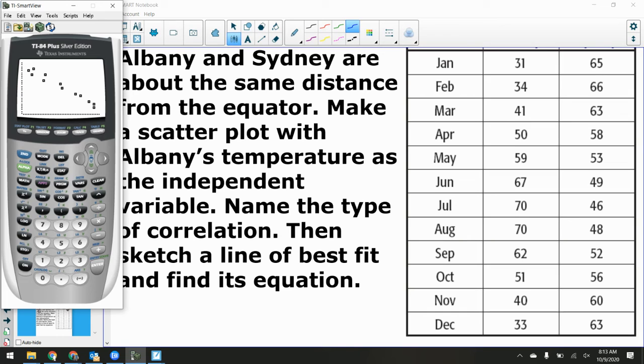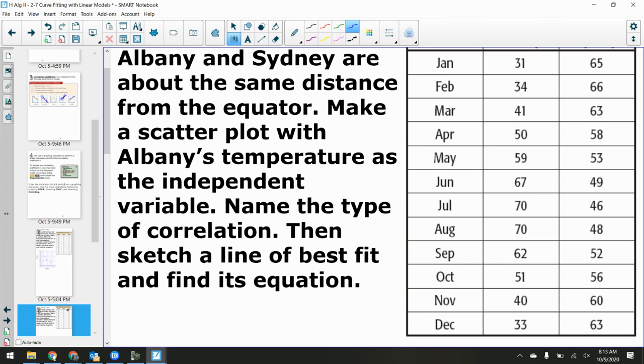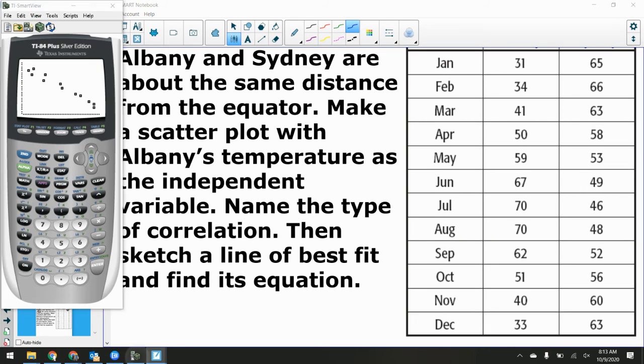Okay, so now I've got my scatter plot, right? Now, it then says to make the line of best fit. Find the line of best fit and its equation. Now, to do that, we need to run what's called a linear regression. The actual process of this is really cool.